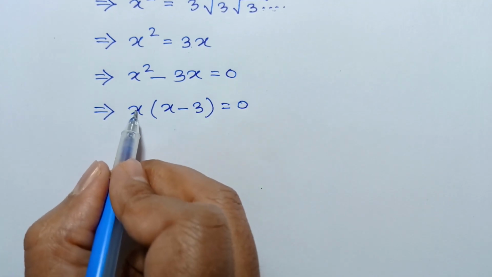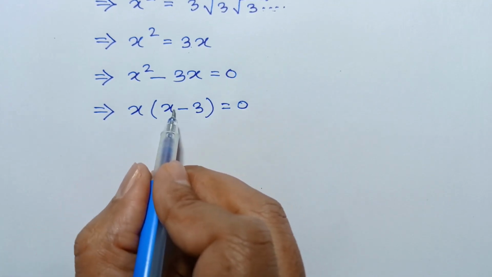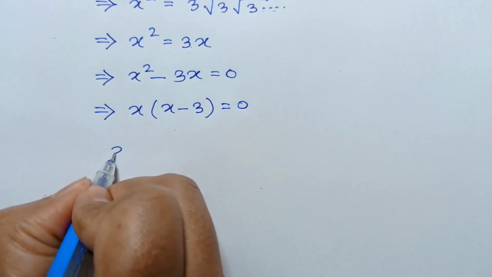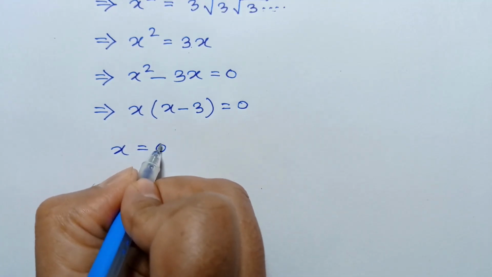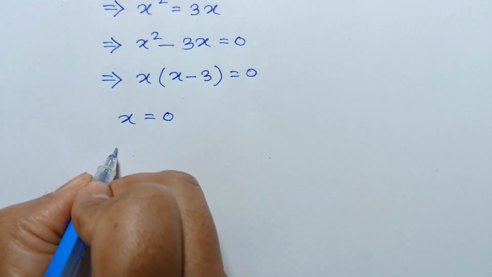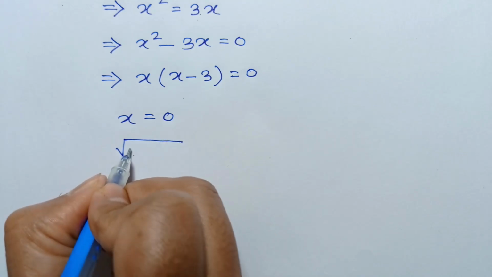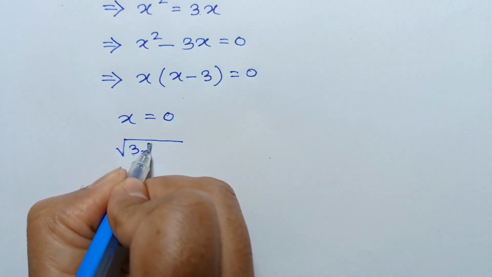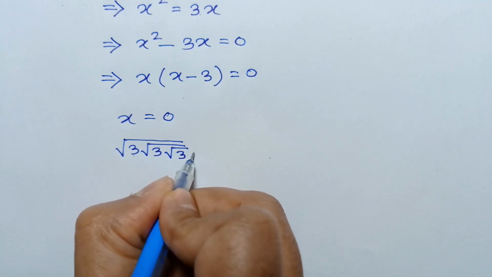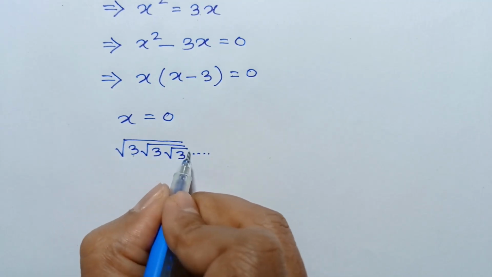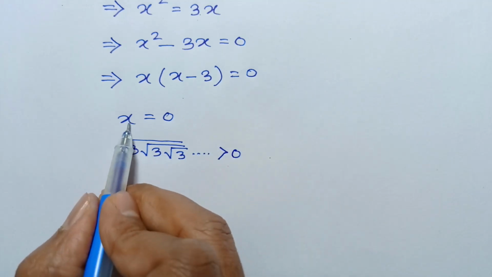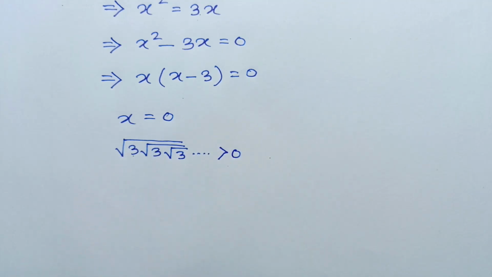So x is equal to 0 or x − 3 is equal to 0. When x is equal to 0, that means √(3√(3√3)) up to infinity is 0, but this is always greater than 0, so x cannot be 0.